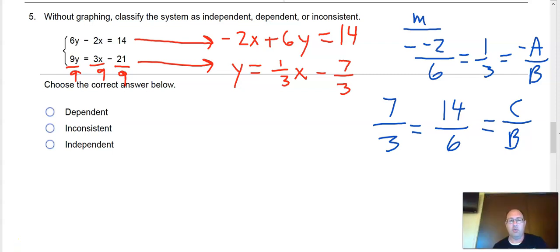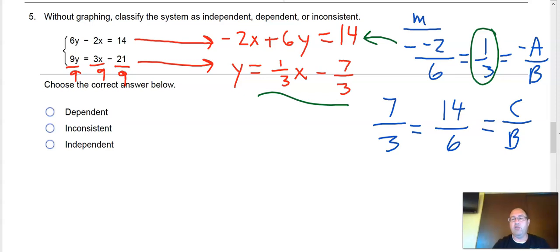As you can see in this question, I did a little rearranging on the top row because they had the x's and y's reversed, trying to trick me up. On the second equation, I just went ahead and divided by 9 and reduced it, so I got y equals 1/3 x minus 7/3. Well, then when I did the opposite of A over B trick on the first one, the opposite of negative 2 over 6, I ended up with 1/3 for the slope of this one.